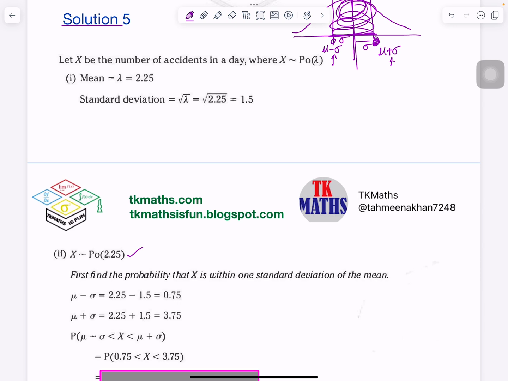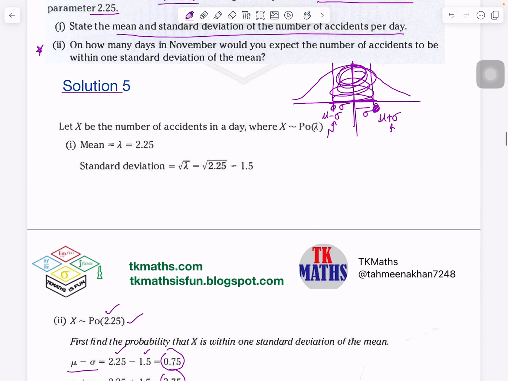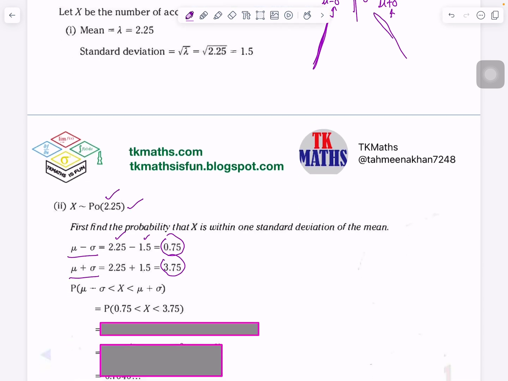Okay. So now, mean is 2.25. You can see here, it is given to you. And standard deviation is 1.5. You have already calculated in part 1. So you are simply doing mean minus sigma, mu plus sigma. That gives you the limits for the probability, like which we have calculated at this boundary. So now you have to calculate probability within this using Poisson distribution, but Poisson distribution is in discrete data.